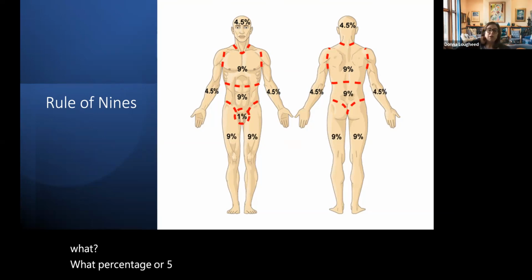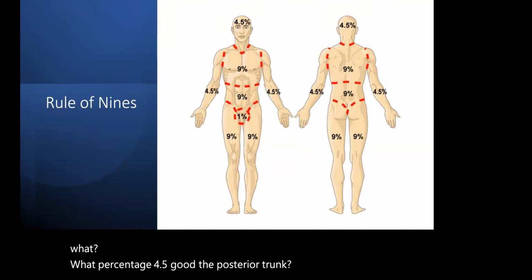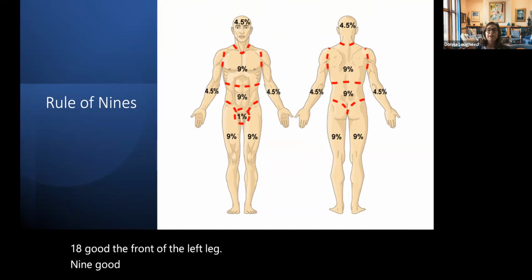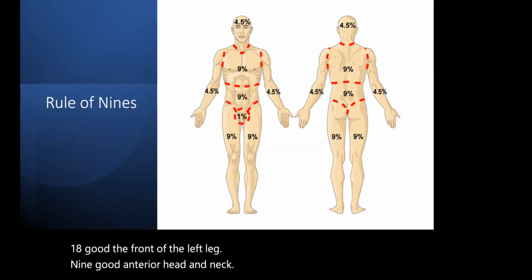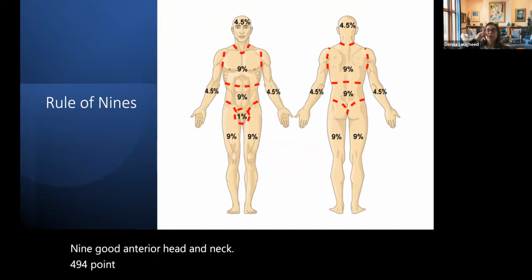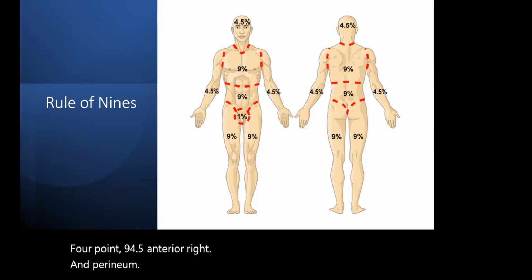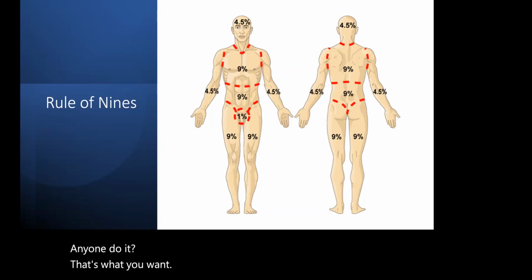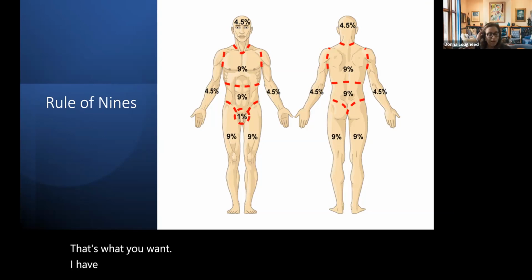The posterior trunk, 18. Good. The front of the left leg, 9. Good. Anterior head and neck, 4.5. Anterior, right? And perineum, 1. So that should equal... anyone do it? I have 37, right? 4.5, 18, 9, 4.5, and 1.